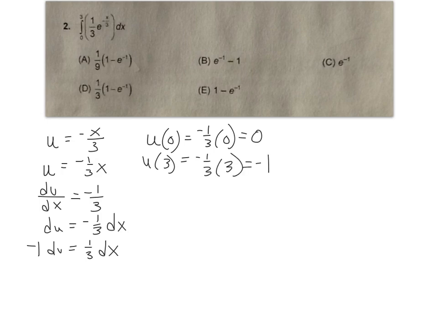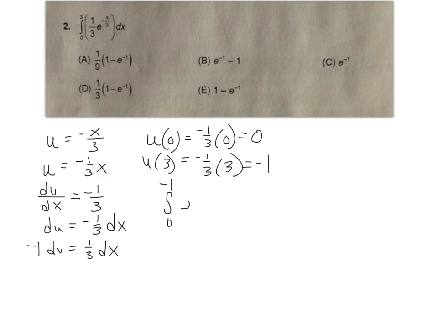which is negative 1. Notice that my lower limit stayed the same, but my upper limit is now lower than my lower limit. So we will have to make an adjustment for that. So we are now going to rewrite this with our u substitution. The integral from lower limit was 0, still 0, upper limit was 3, is now negative 1.